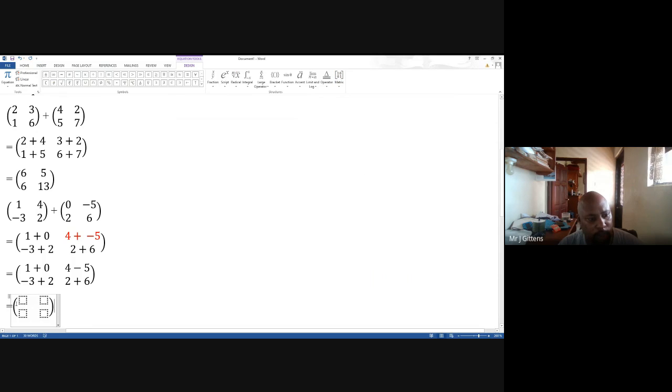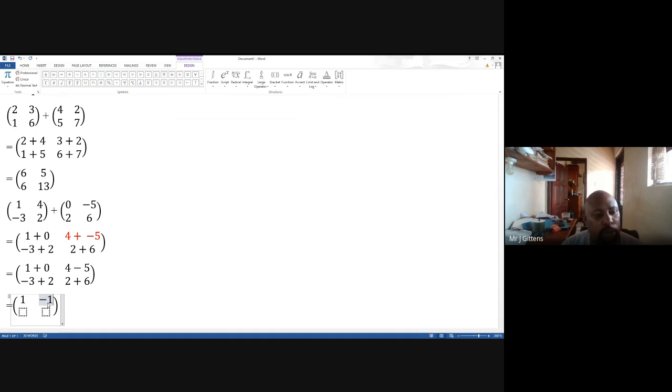Now, this part is very simple. You got 1 plus 0 is 1. 4 minus 5: a lot of students, when you say 4 minus 5, will write 1. It is not 1, because 5 is greater than 4. If you take 5 from 4, that means you're going into the negative region, because 4 minus 4 is 0, and 5 is 1 more than 4.